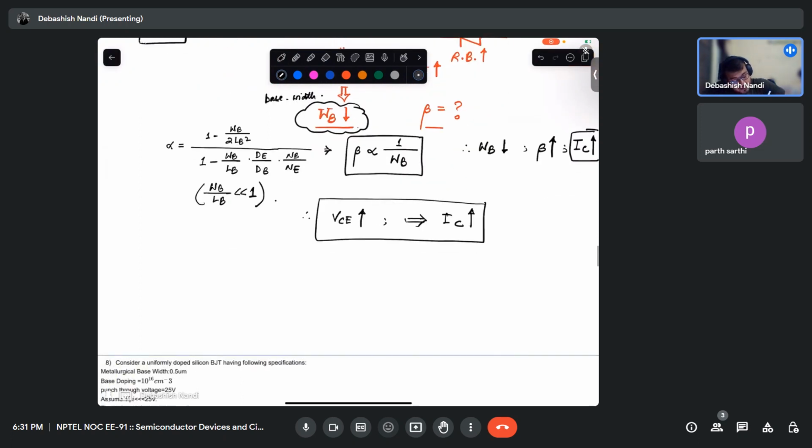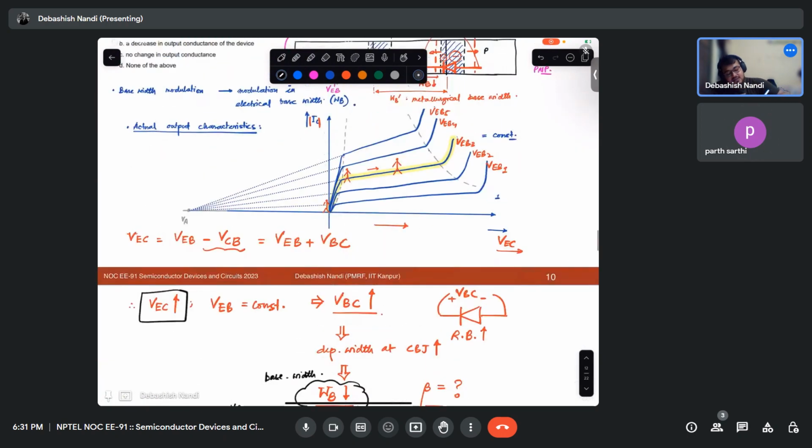So this phenomenon is called base width modulation. So what will it impact?